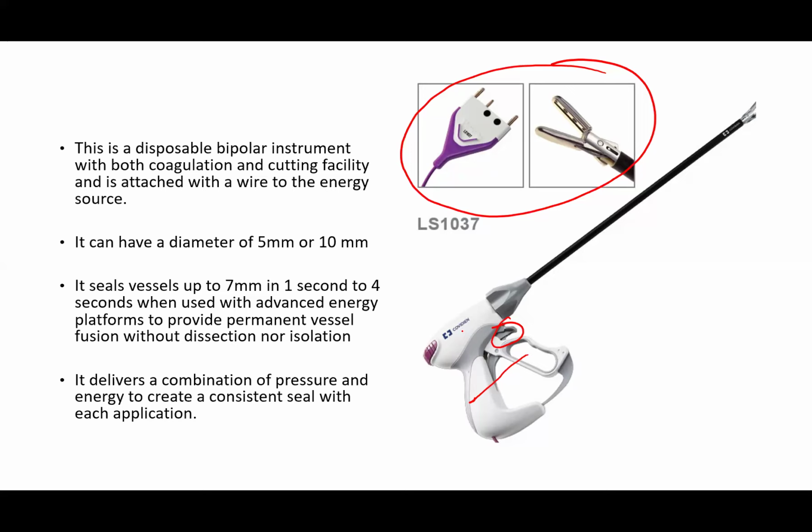Okay, so now you can see the advanced can seal vessels up to 7 millimeters. The diathermy seals below 6 millimeters, that is 5. The bipolar will seal up to 5. Now you can see the advanced is sealing vessels up to 7 millimeters.